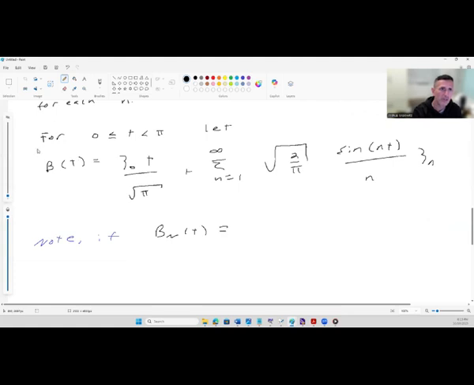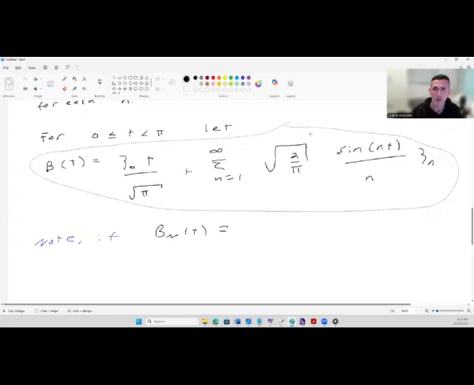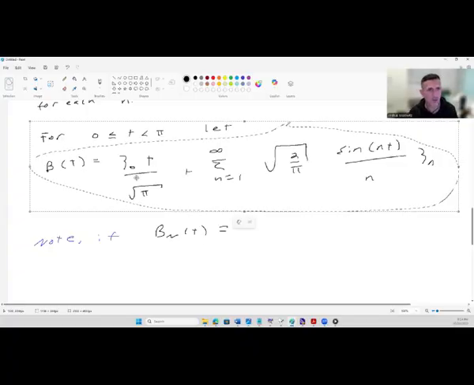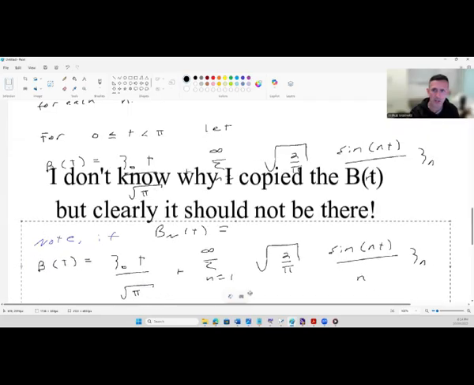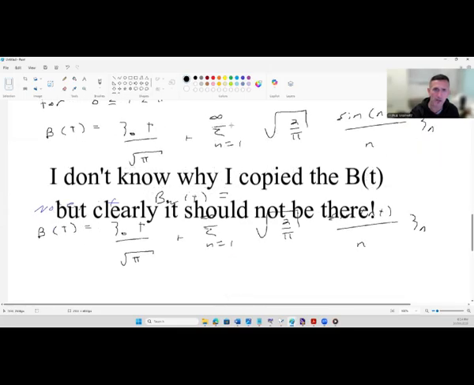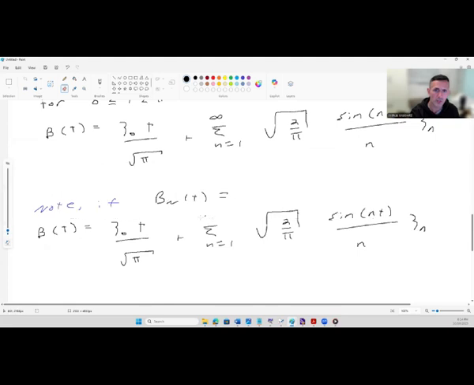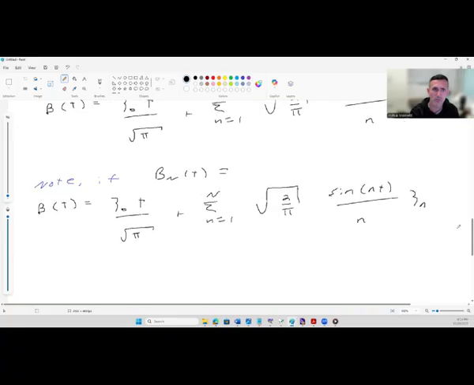All right, so if Bn of t is the following, the same thing except stopping at n. And this is what is not easy. It's not hard, but it takes real probability to do.